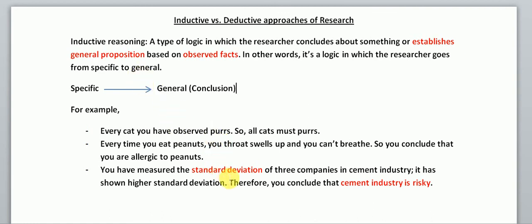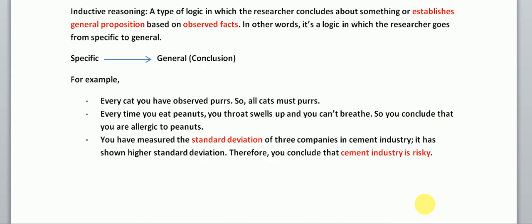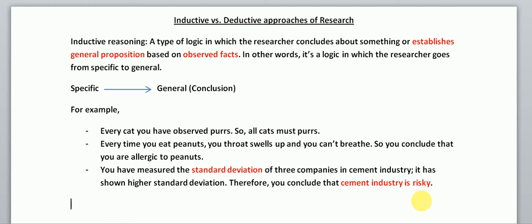We observe something, and finally we develop some theories. So all those researches in which theories are developed are actually research with inductive reasoning, with an inductive process.